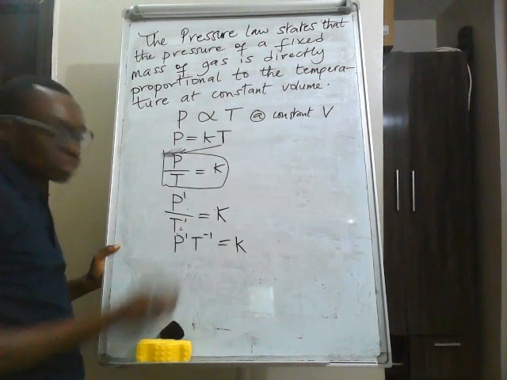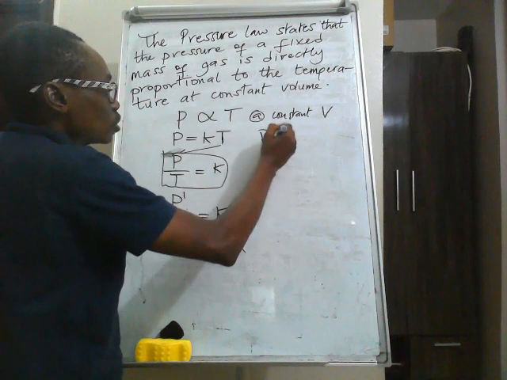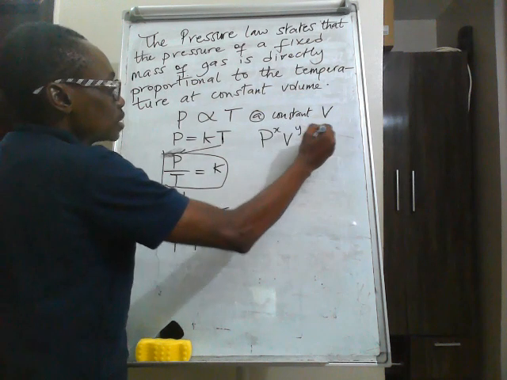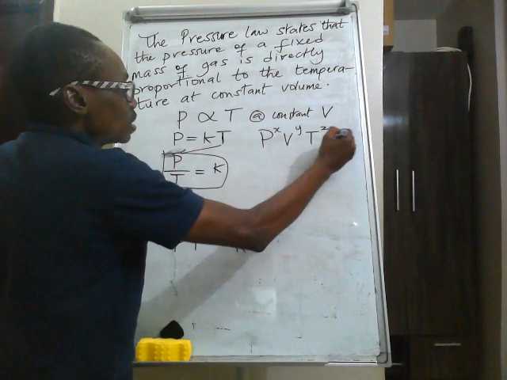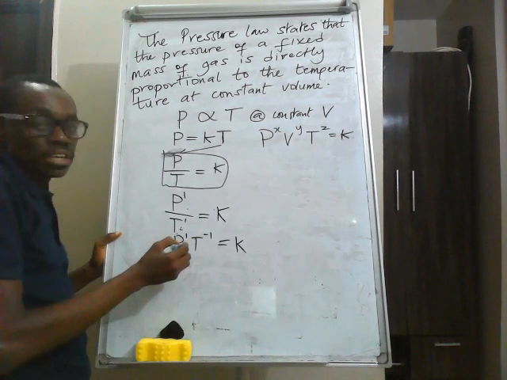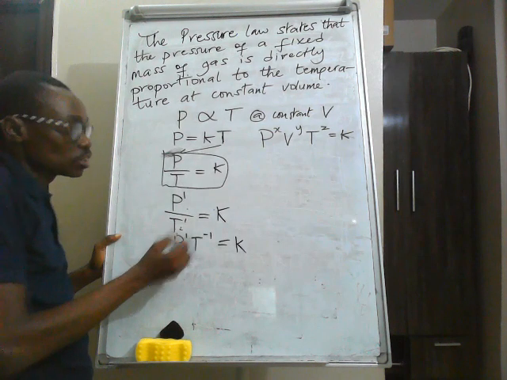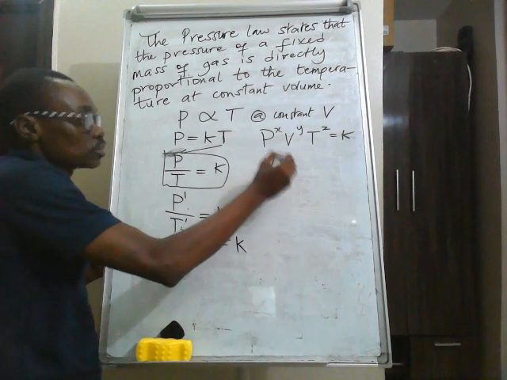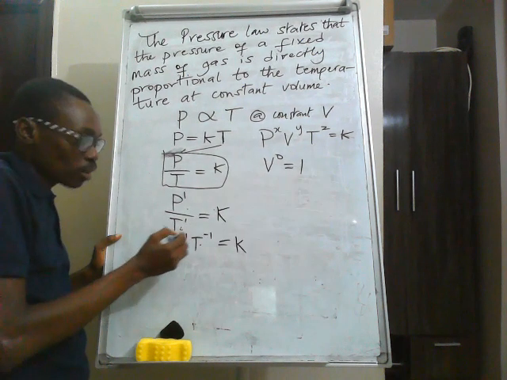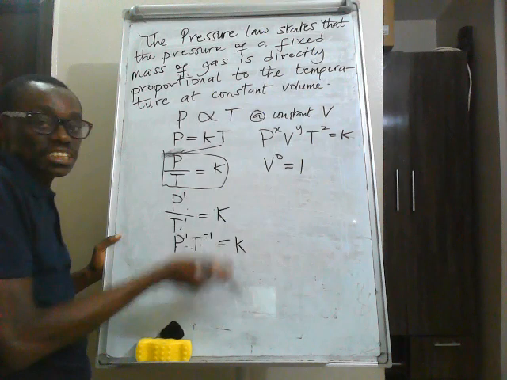So the general gas equation is P raised to power X, V raised to power Y, and T raised to power Z equals K. But there is no V in this equation. Just like I've explained before, if I put V raised to power 0, V raised to power 0 is the same thing as 1. And if I multiply P raised to power 1, T raised to power minus 1 by 1, it doesn't change anything.